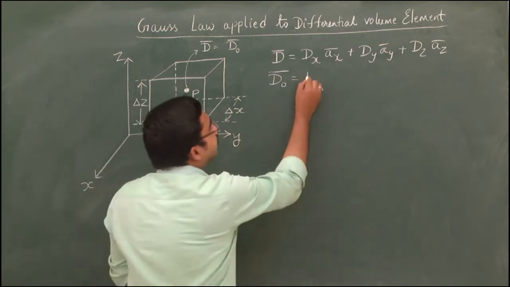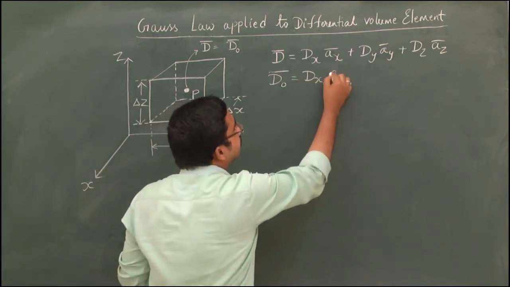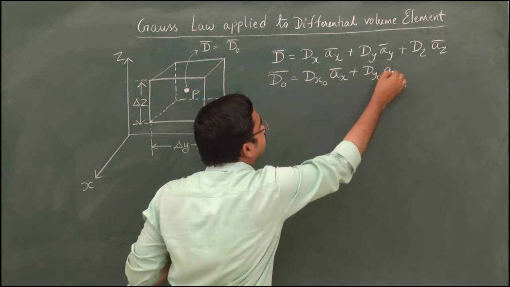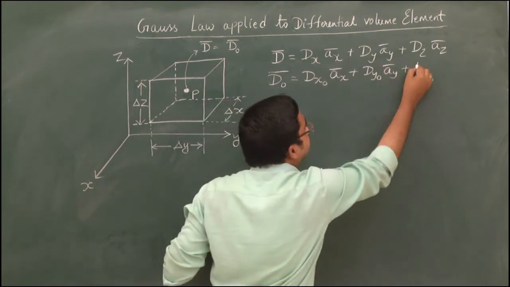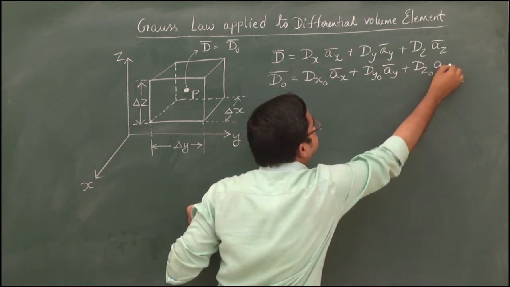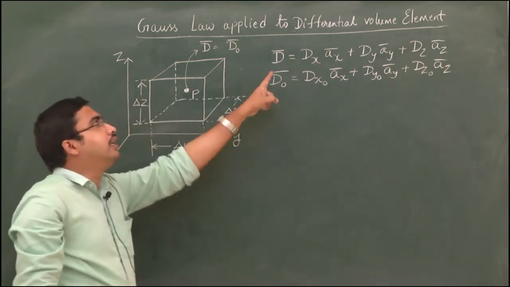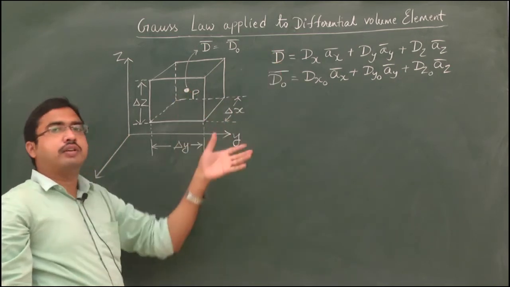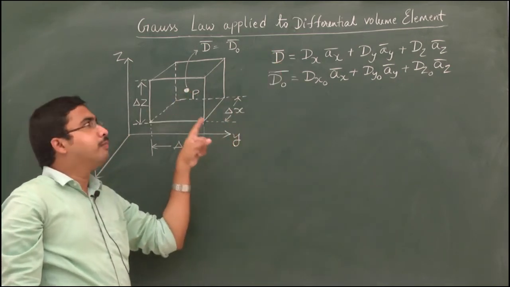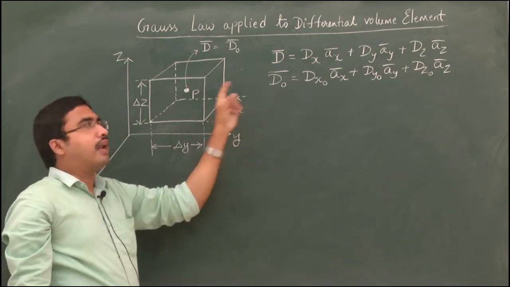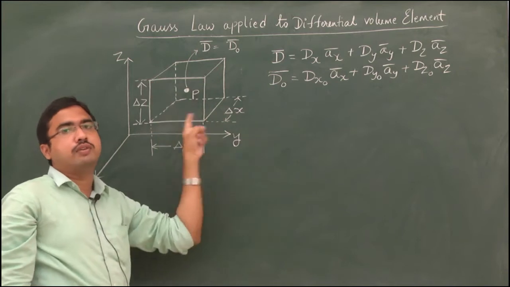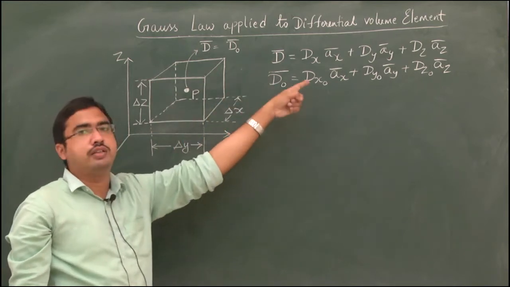So here we can write it as Dx naught ax plus Dy naught ay plus Dz naught az. That means this D is the complete electric flux density at a point P for the complete Gaussian surface, but this D naught is the electric flux density at this point P only in this differential volume of the element. That is the difference between these two.